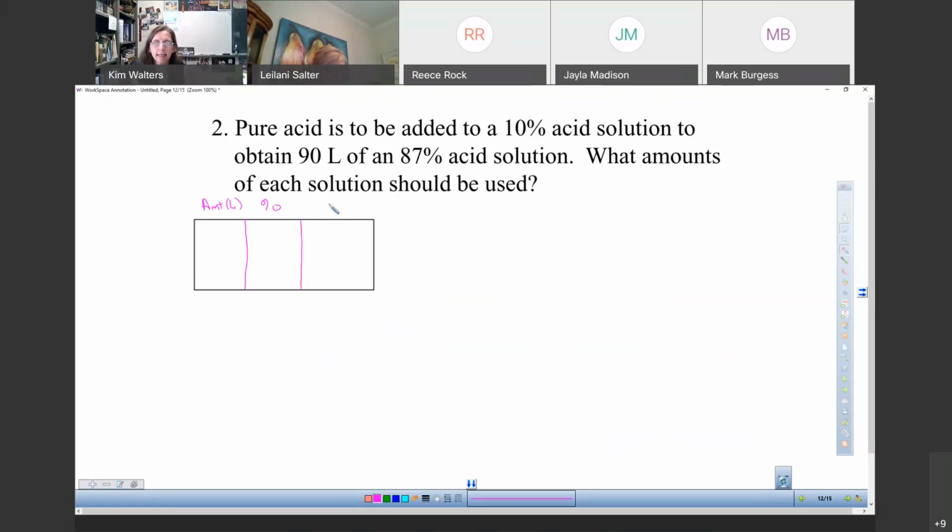We'll talk about that in a second. And then this final one is going to be amount times percent. I have pure acid. I have a 10% solution, and I want to get a mixture, which is 87%.